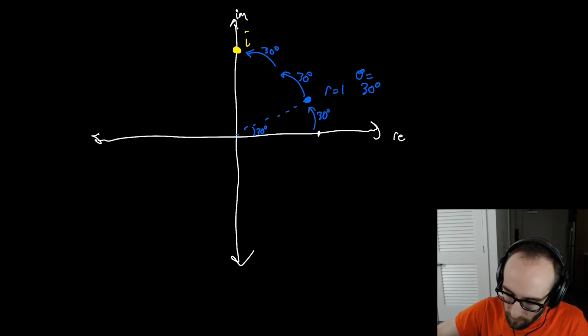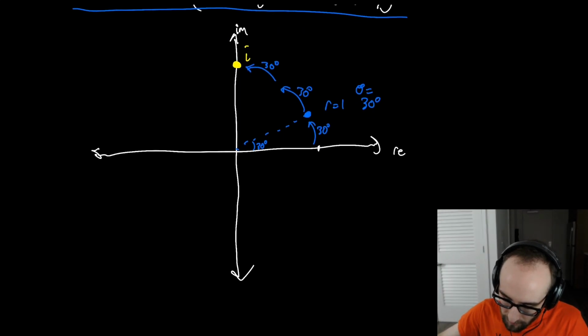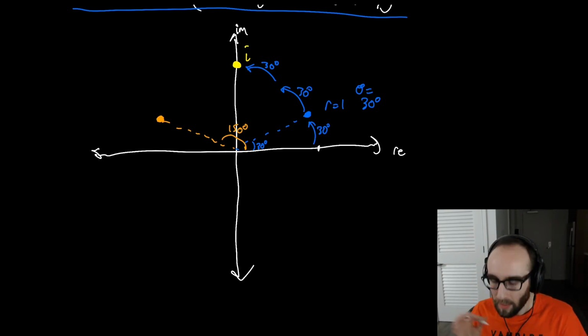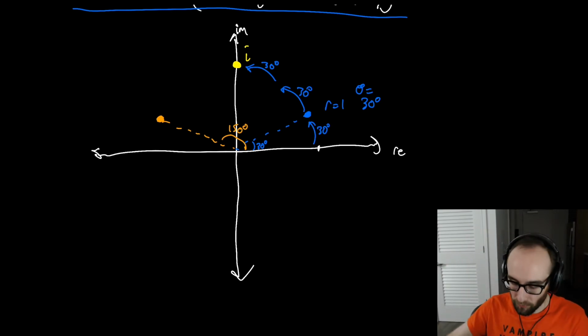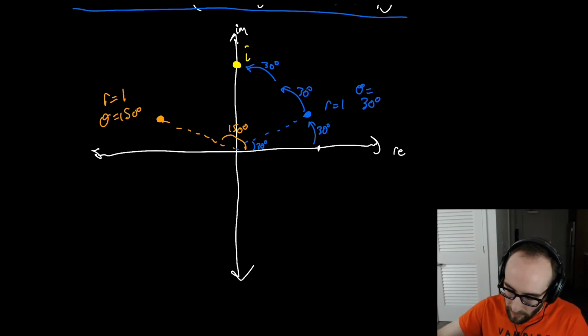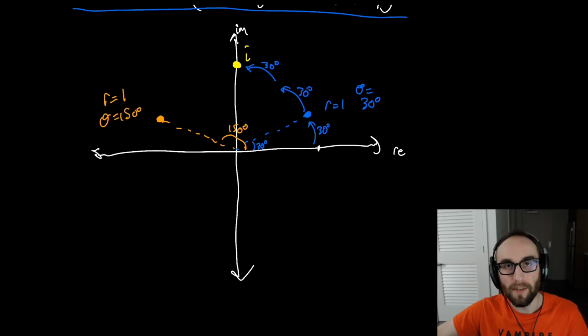Another cube root is 150 degrees. So still 1, but 150 degrees. Here, when we raise it to the third power, with r equal to 1 and theta equal to 150, we add 150 degrees 3 times.